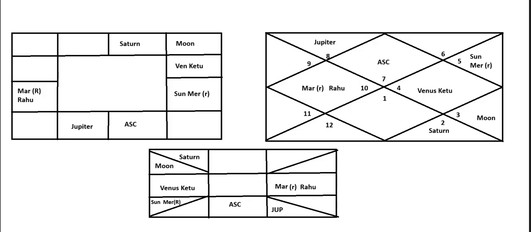The problem also started because retrograde Mars is aspecting Venus and Rahu is aspecting Venus. When a Rahu Venus connection happens, the person may get into illicit relationships, and this person also had some other relationships. But that is not the proper reason.